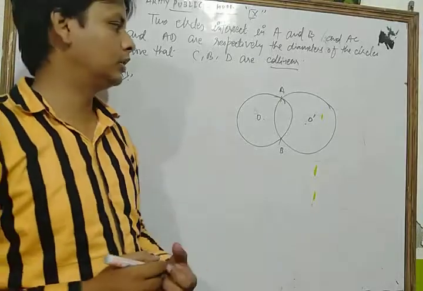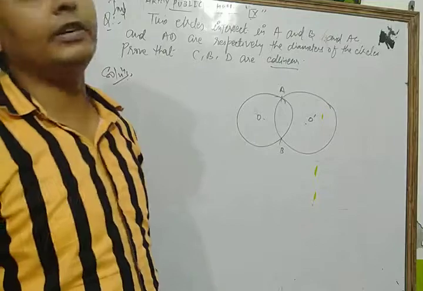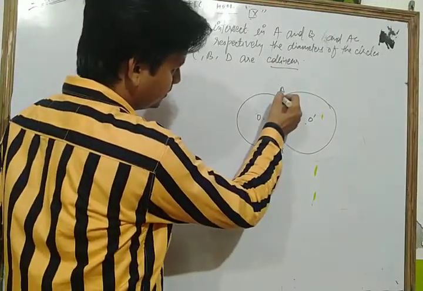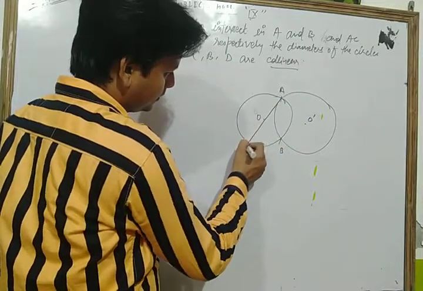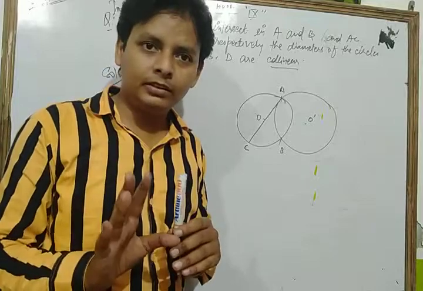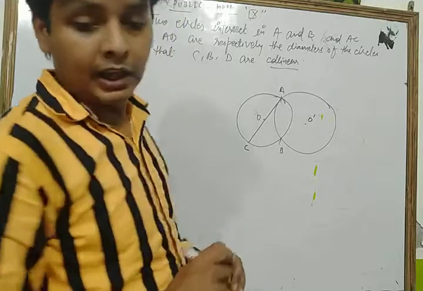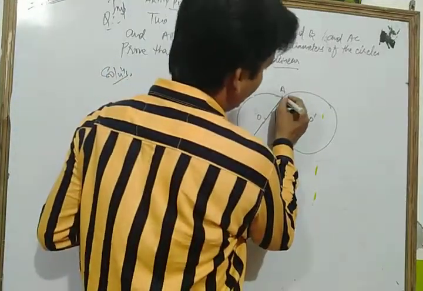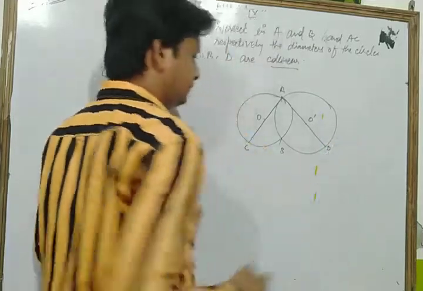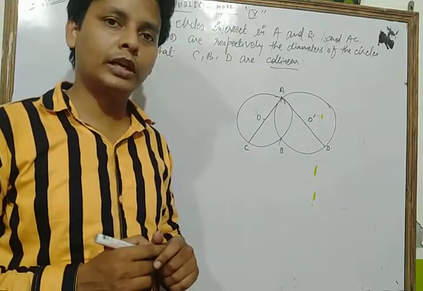Now, AC and AD are respectively diameters. So AC is a diameter. A diameter is a chord passing through the center. Similarly AD is the diameter, and it is also passing through O dash.